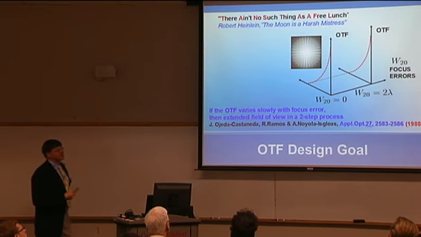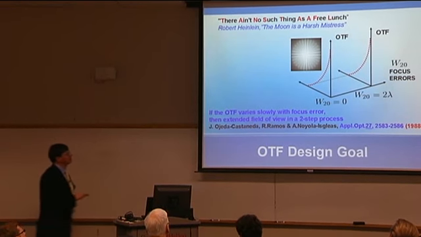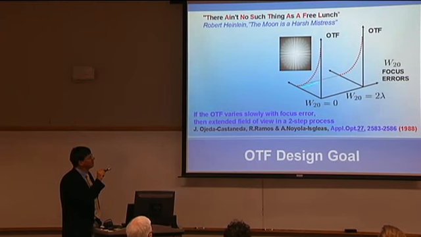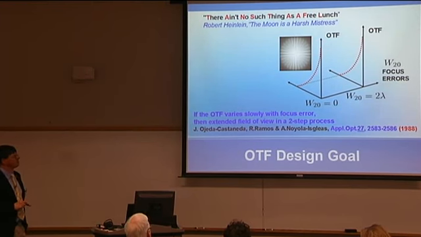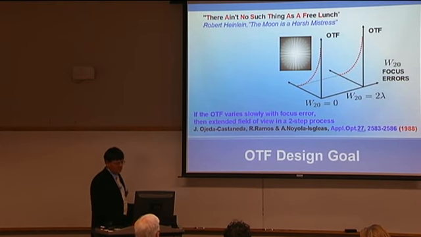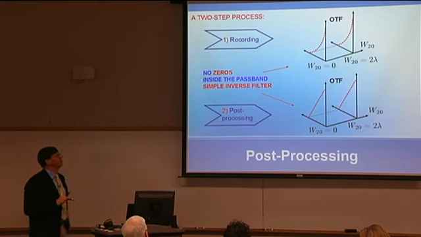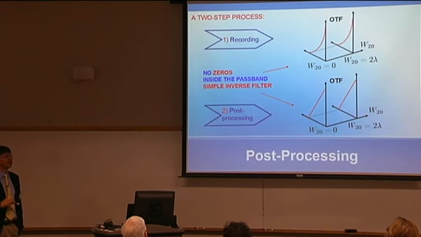So what is the goal that we want to achieve by designing a different system? We want to get an OTF that is more or less constant over a certain range of defocus. There's a two-step process involved. We get an image with this type of OTF distribution, and then we can impose a simple inverse filter to straighten this out.